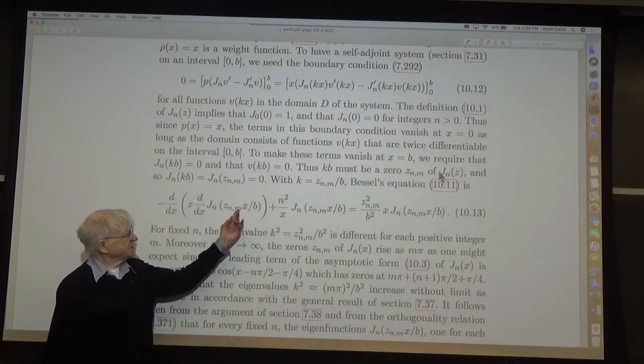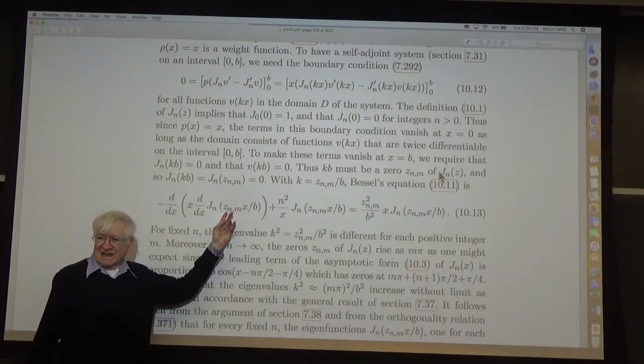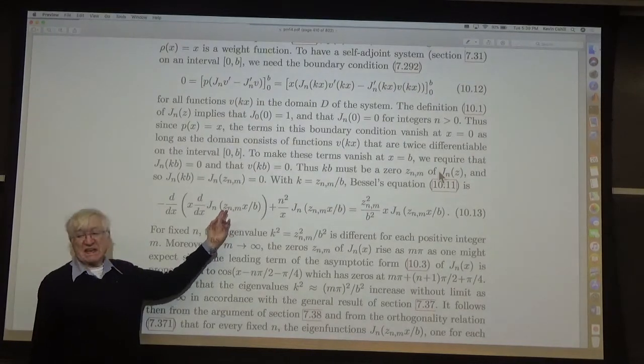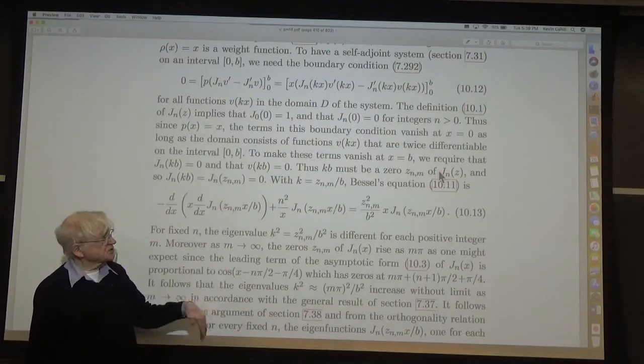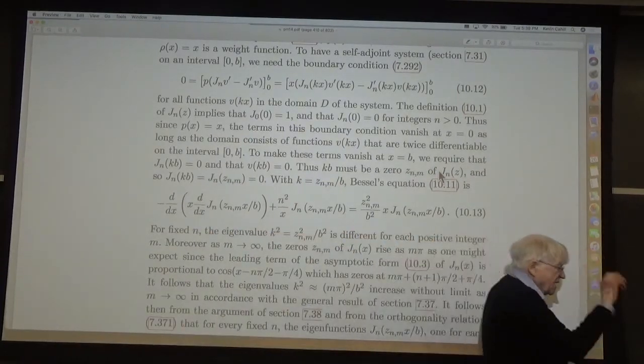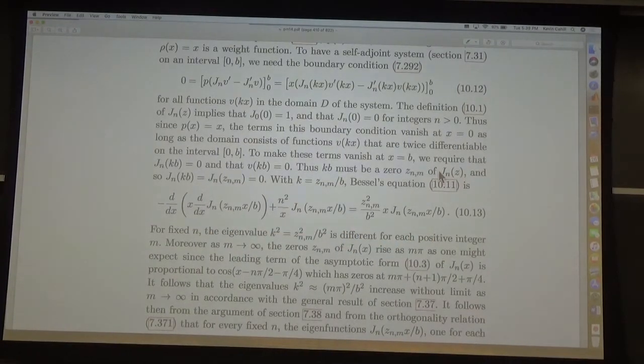So instead of Jn of x, you have Jn of x over b times Znm. That's the mth zero of the nth Bessel function. And you saw the Bessel functions keep crossing the x-axis, and they have an infinite number of zeros.